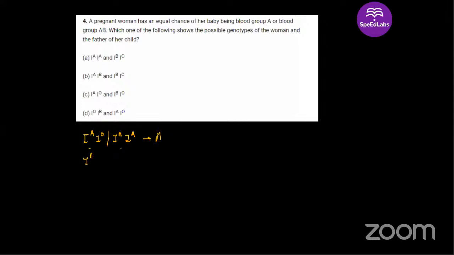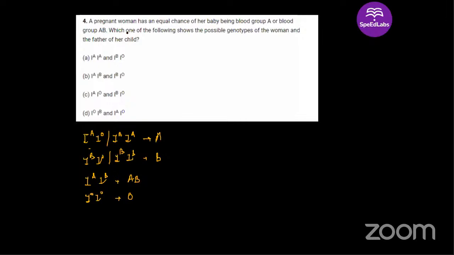Similarly, if the genotype is this, then the blood group is going to be B. If the genotype is this, then the blood group is going to be AB. And if the genotype is this, then the blood group is going to be O. Now in this question, what is it asking? A pregnant woman has an equal chance of her baby being blood group A or blood group AB.